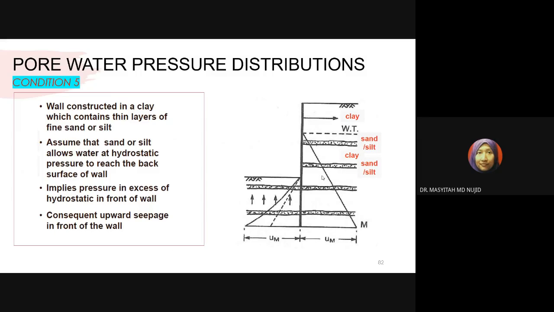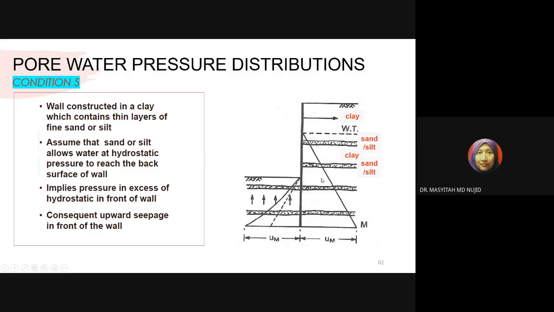For the next condition 5, the wall is constructed in a clay which contains thin layers of fine sand or silt. Assume that sand or silt allows water at hydrostatic pressure to reach the back surface of the wall. So it implies pressure in excess of hydrostatic in front of the wall. The consequent upward seepage in front of the wall is generated.